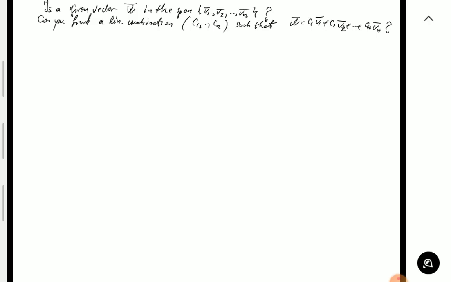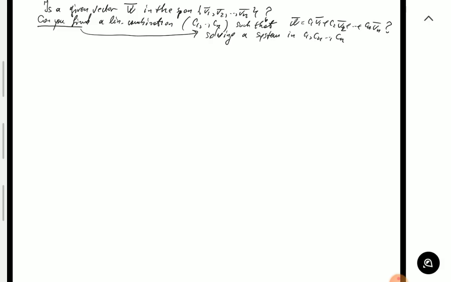So this question, to fix the ideas, always leads to actually solving, in the end, a system in C1, C2, Cn, in order to answer the question yes or no. That means either you actually solve that system and find that linear combination, or you don't, and then the answer is that W is not going to be in the span.